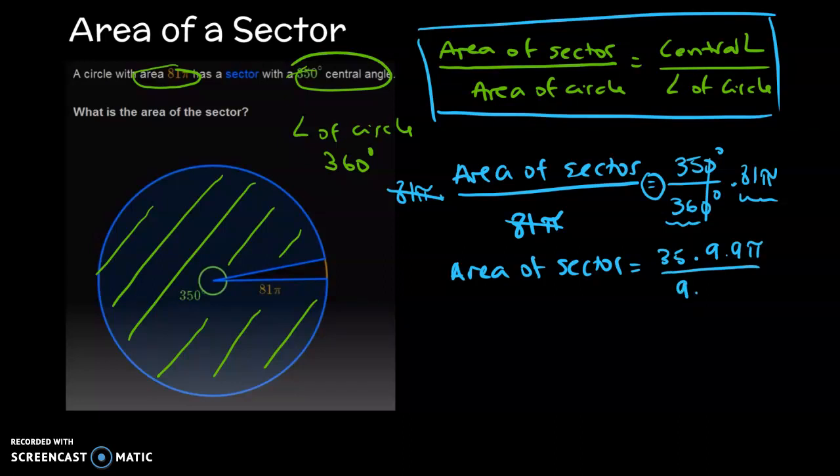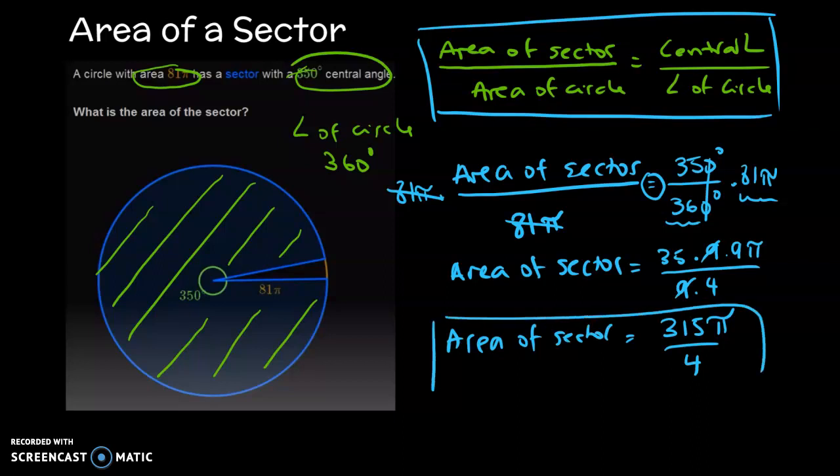When I do 9 times 4, which is 36, I can cancel out some 9s here. Then I'm left with 35 times 9, which is 315 pi over 4. And that, ladies and gentlemen, is the area of the sector for this particular problem.